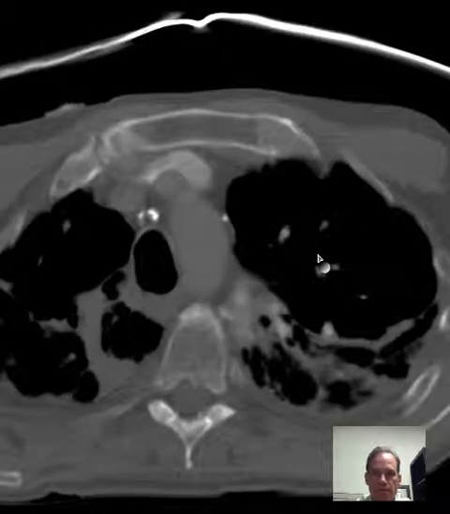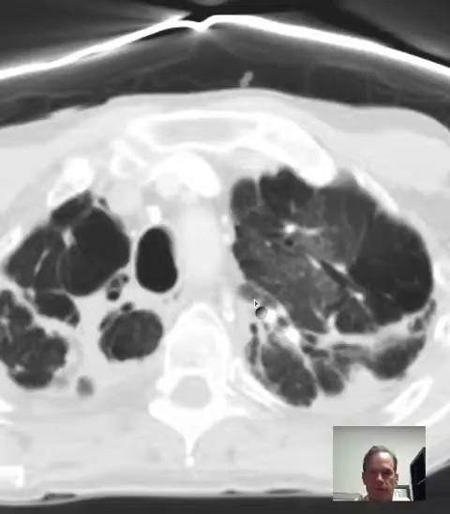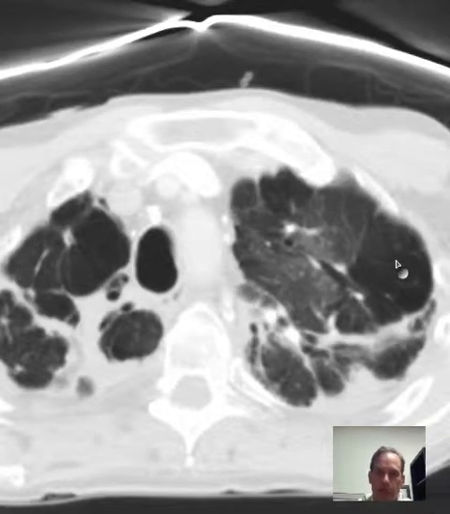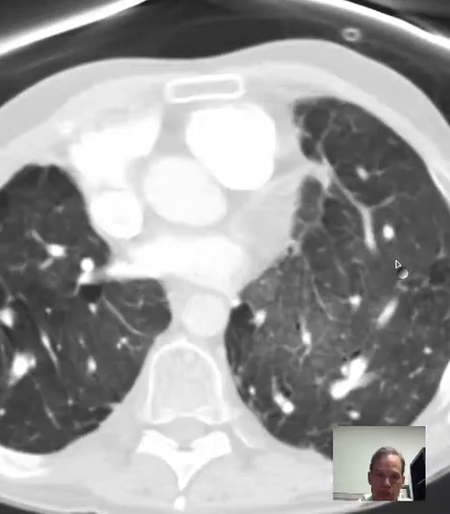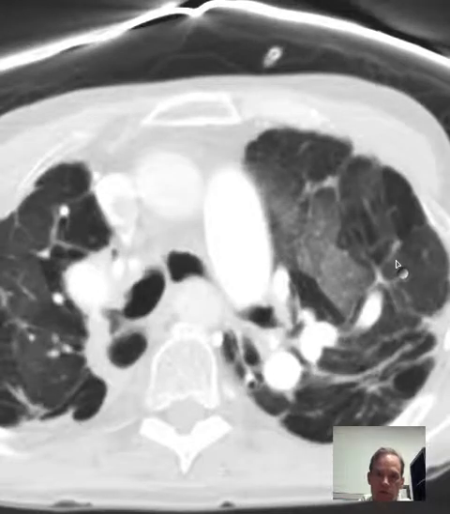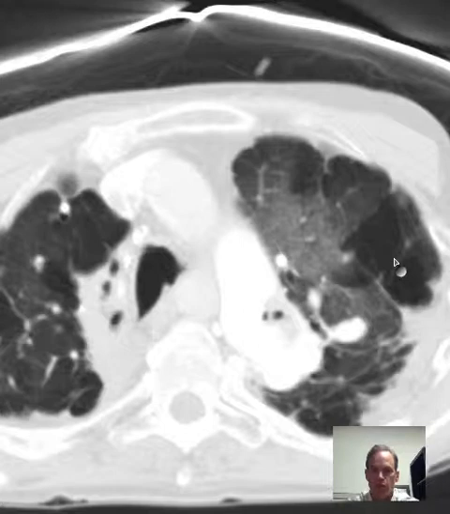And something else is abnormal here. So there are hyperlucent areas in the lungs bilaterally, which we could call bullous changes, or just bypass that. This is a bulla, an emphysematous bulla, B-U-L-L-A.